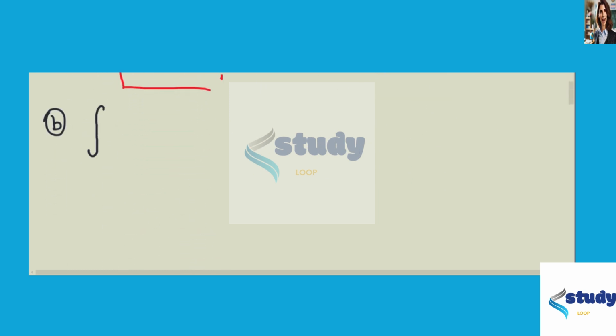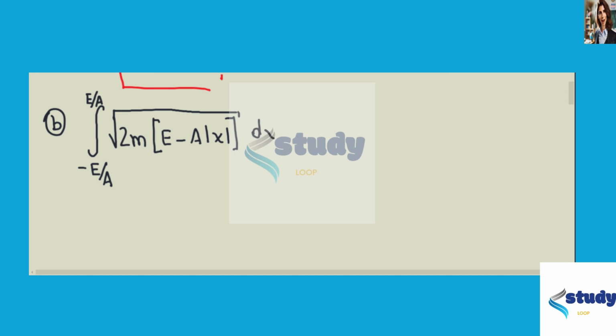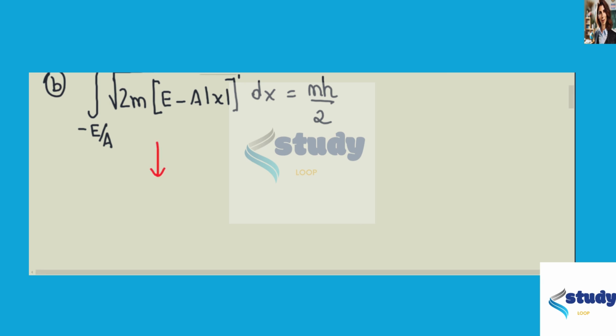So we have to integrate from the first classical turning point, which is minus E over A, to the second classical turning point, which is E over A, the following function: the square root of 2m times E minus A times the absolute value of x, times dx. And this must be equal to nh divided by 2. So let's just do the integral first.